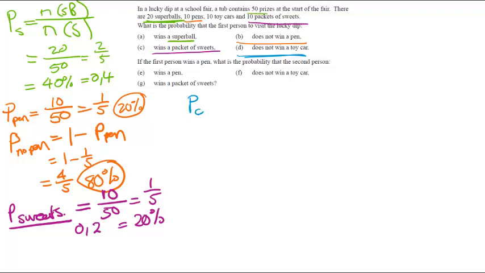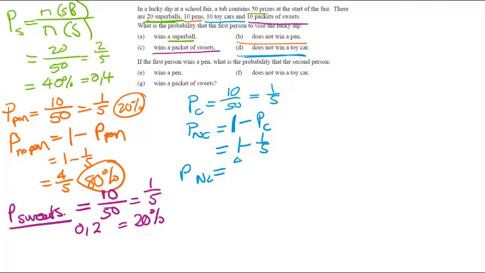So the probability of a car is going to be 10 out of 50, which is 1 out of 5. The probability of no car is going to be 1 minus the probability of a car, which is 1 minus 1 over 5. So the probability of no car is 4 out of 5, which translates to 80% likely that you will not get a car.